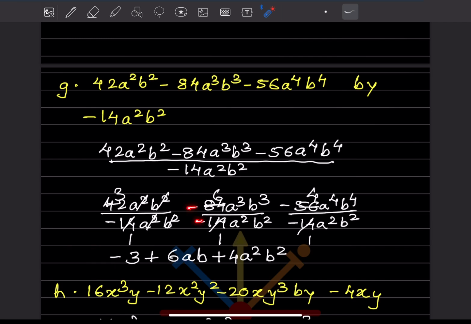Minus divided by minus is going to be plus. 14 ones are 14, 14 sixes are 84. So this is going to be a, this is going to be b. Minus divided by minus is going to be plus. 14 ones are 14, 14 fours are 56. So this is going to be a square and this is going to be b square. So this is the answer.